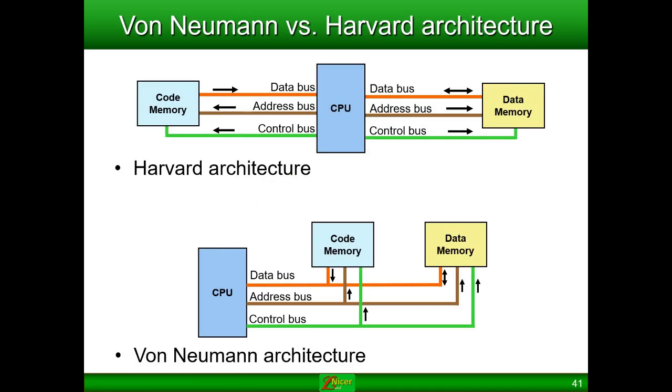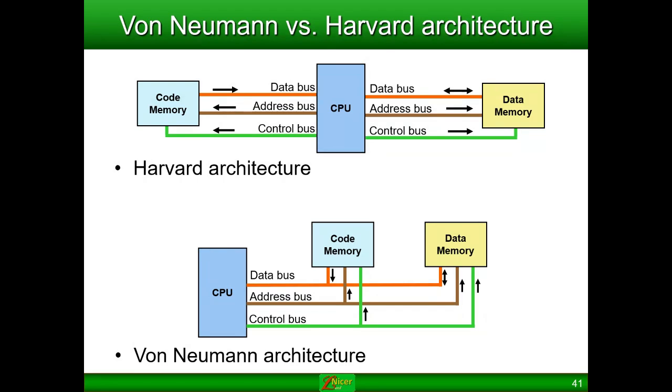Then we have architecture types here, von Neumann versus Harvard architecture. The Harvard architecture is much better in a lot of applications as it separates both the data memory and the code memory, and they both can travel simultaneously or in parallel together and perform tasks much better and much faster here, of course due to parallel processing.